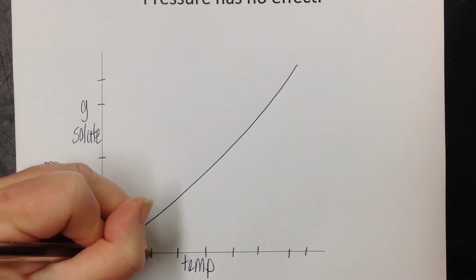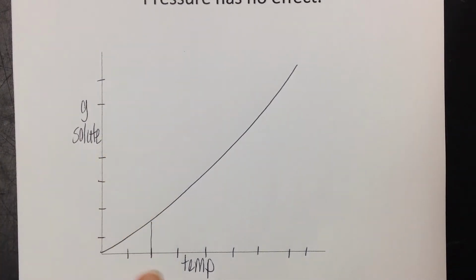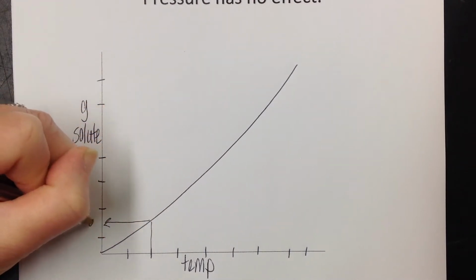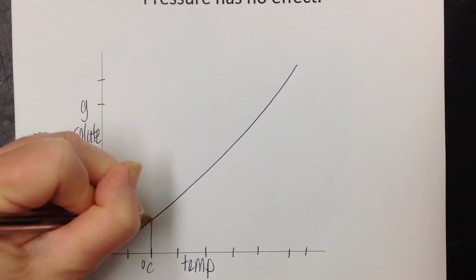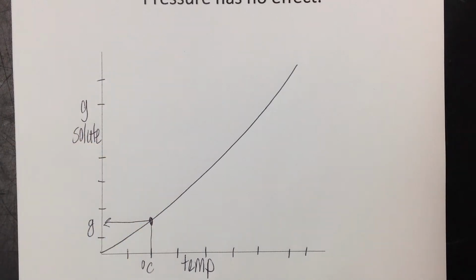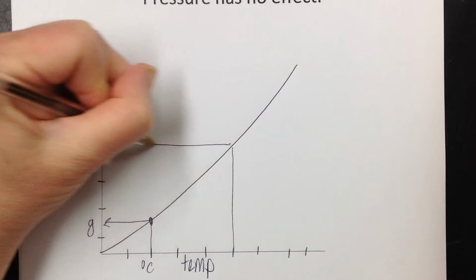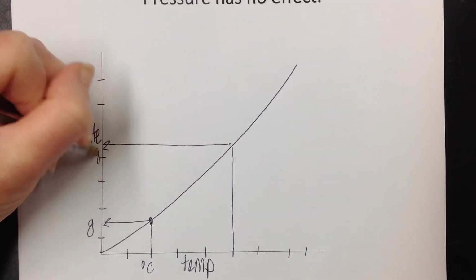So at this temperature, for example, whatever it happens to be, a lower temperature, you're going to dissolve this many grams right where they intersect that line. At this temperature, a little warmer, you're going to dissolve more grams of solute.